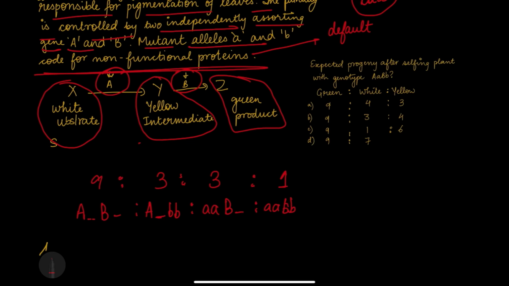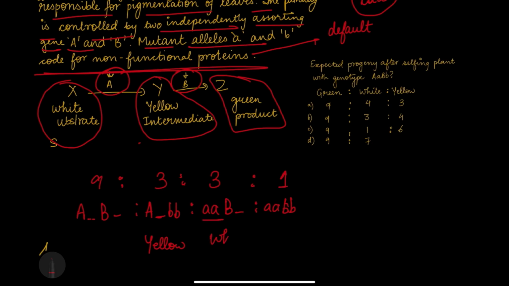We will check where all we get capital A. Wherever we have got capital A, we will get the yellow intermediate. Here, these will be the yellow ones. Where only B acts, the action of B is only expressed when A has shown its effect. So dominance of B is of no use until and unless A is capital.